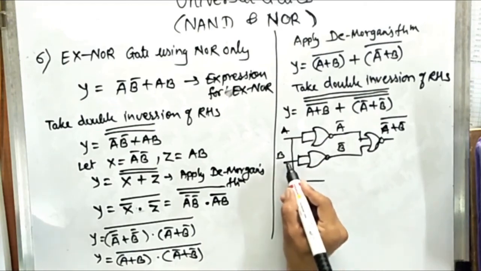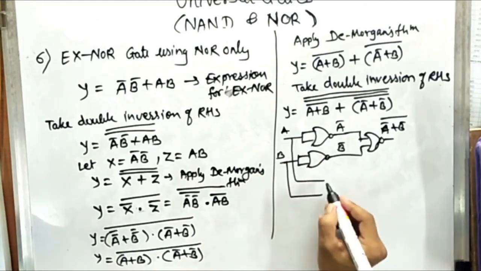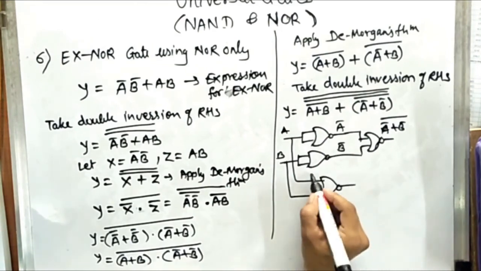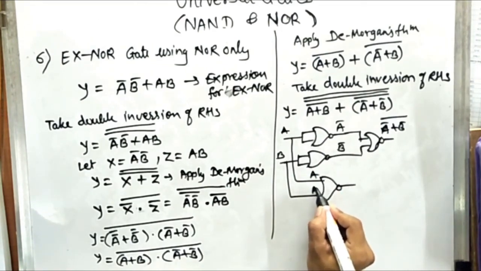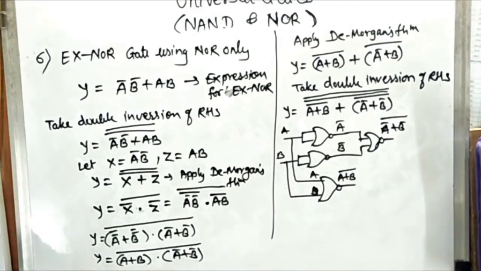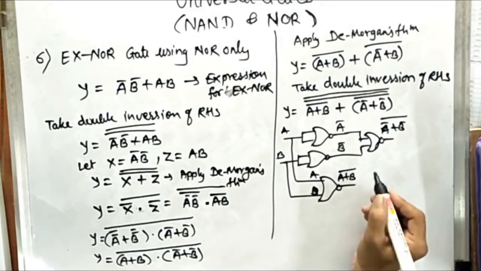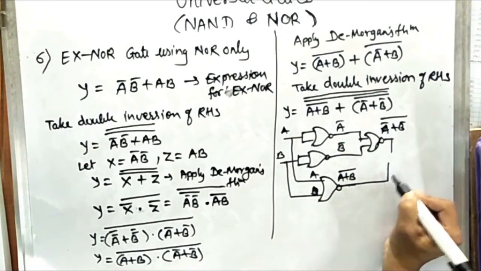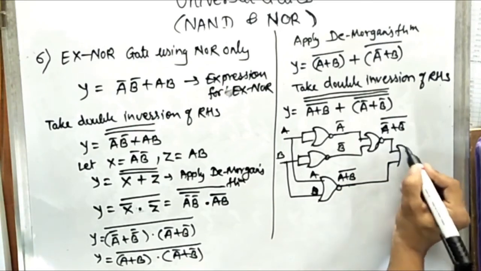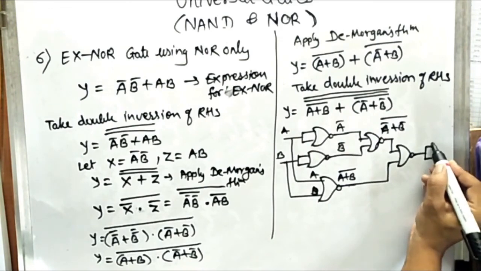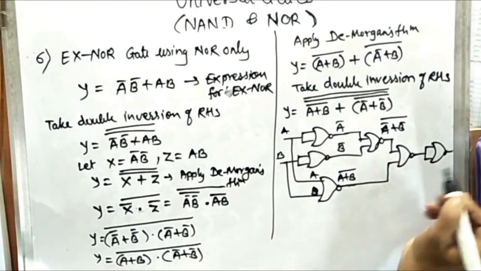For the first term, here we require uncomplemented variables. So here we are taking A, here B, and there is a NOR operation between these two terms. So at the output we get A plus B complement. Now there is a NOR operation between these two terms. So we are using the NOR, and for the outer complement again here we are using the NOT gate at the output.